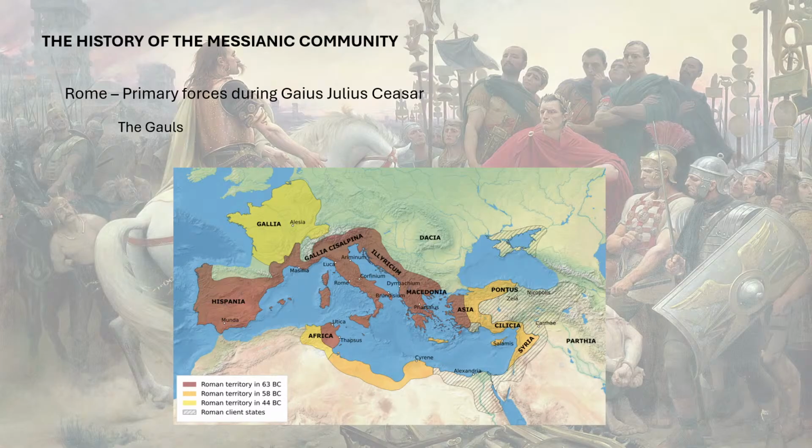So the Roman statesman Pompey and the Senate demanded that Caesar give up his provinces in Gaul and his armies and return to Rome. This kind of stemmed from Pompey ending up marrying, I believe it was Caesar's daughter, and she died. And so Pompey and Caesar had a falling out.